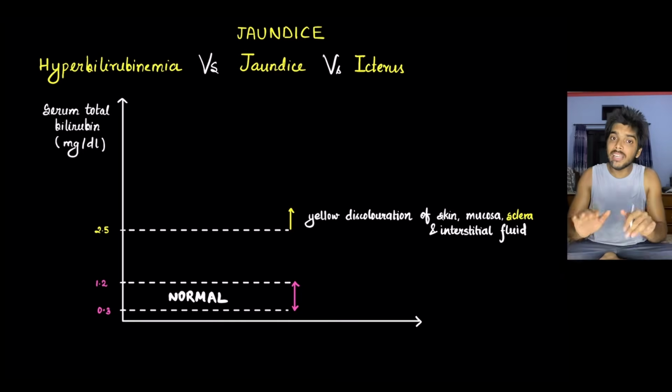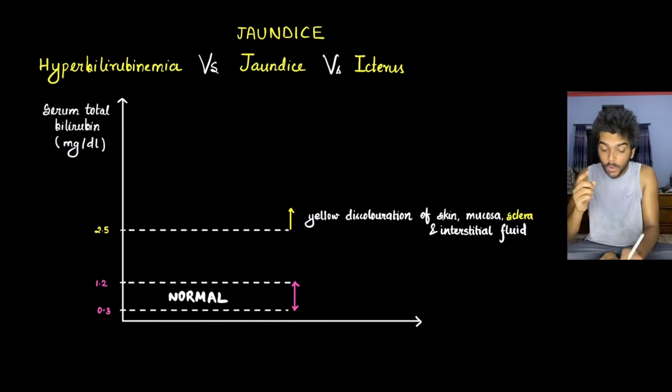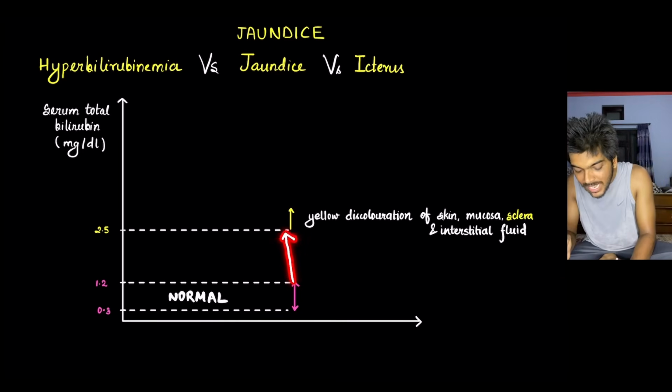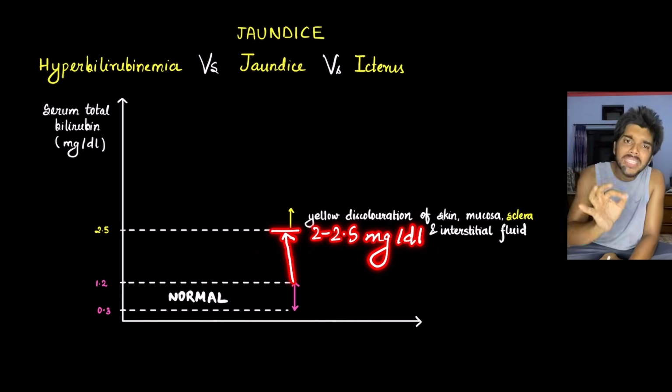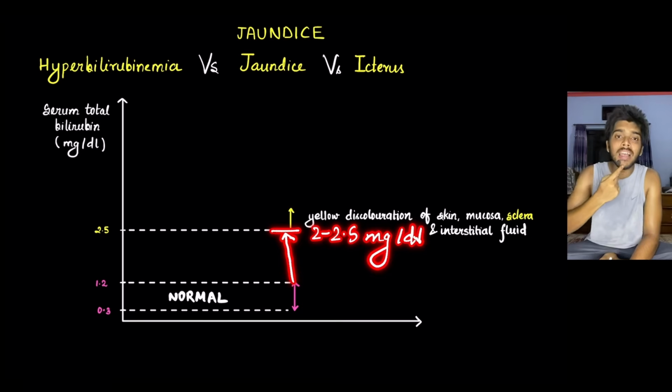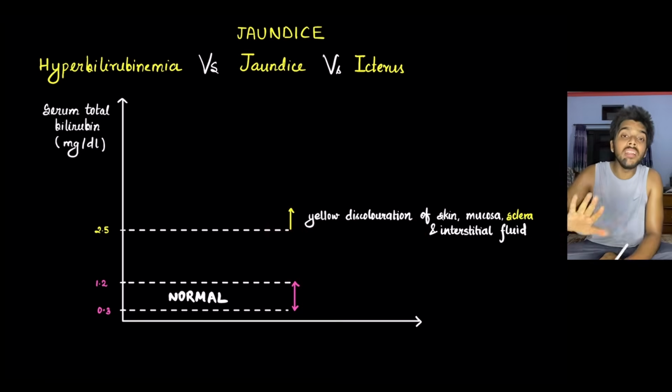It simply means there is hyperbilirubinemia. But when hyperbilirubinemia is significant, that is around at least 2 to 2.5 milligram per deciliter, then there is so much hyperbilirubinemia that bilirubin goes and deposits in skin, in sclera, in mucosa, in interstitial fluid, turning them into its own color, that is yellow. Now this is called jaundice.